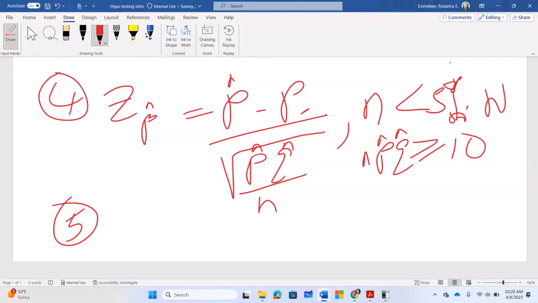When you fail to reject the null hypothesis, you say, I do not have enough evidence to reject the status quo, because the status quo is always the null hypothesis. But if you rejected the null hypothesis, in other words, the p-value is less than alpha, then you say, I do not have enough evidence to accept the status quo. You now say that whatever somebody claimed is not true.